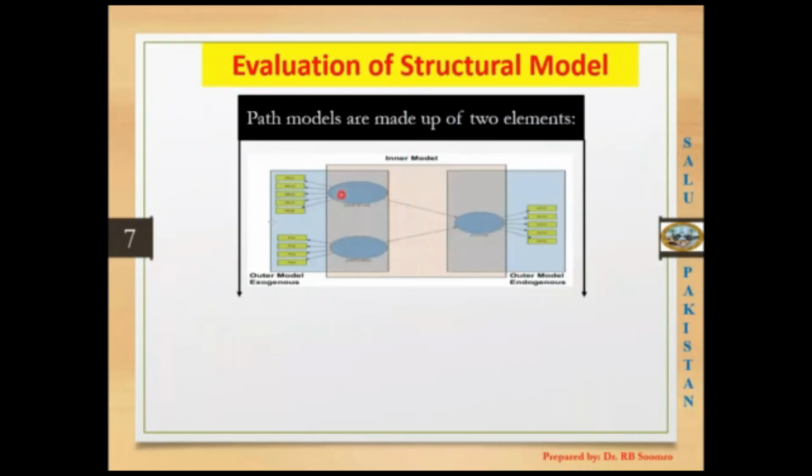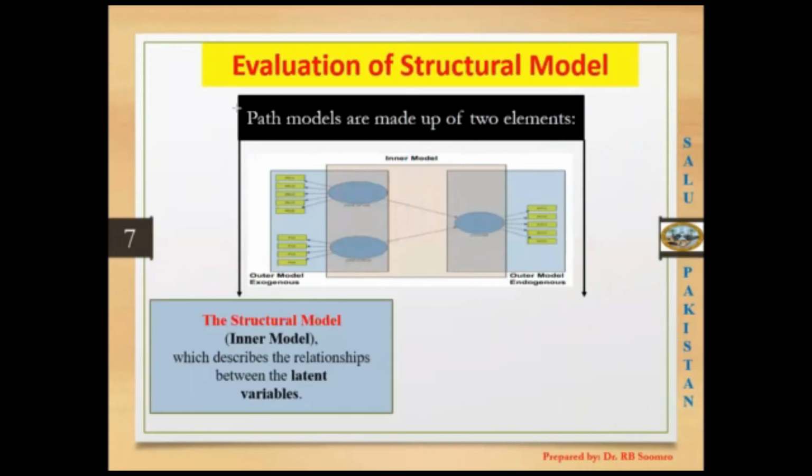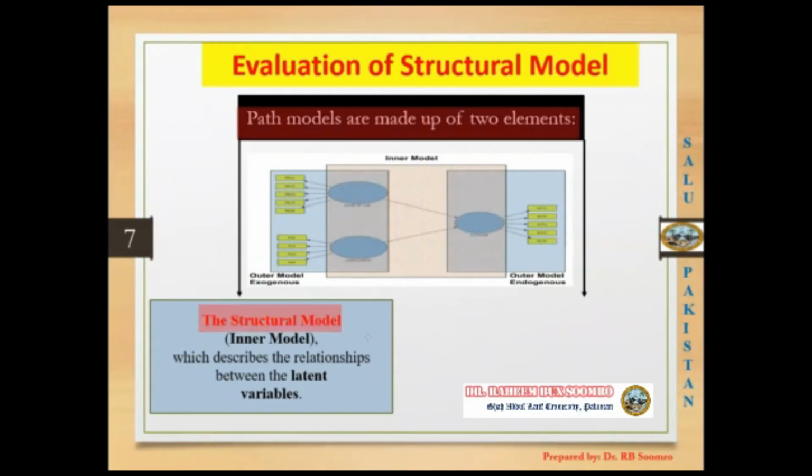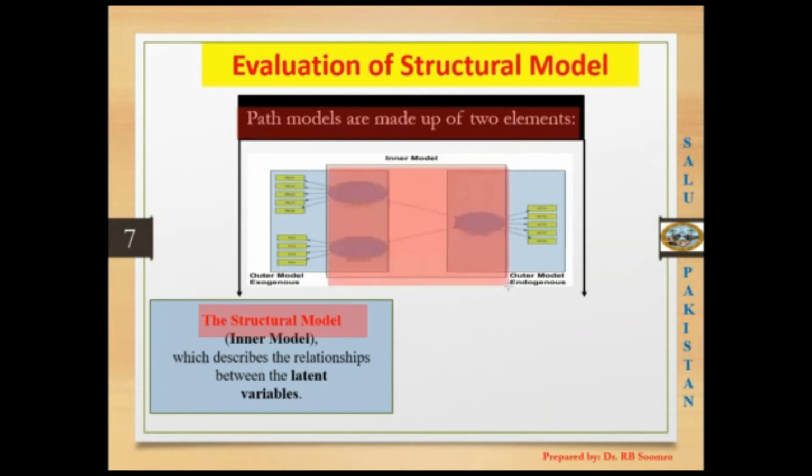As you know, path models are made up of two elements. The structural model, which we are discussing right now and which alternatively we call the inner model, describes the relationship between the latent variables. What is the relationship among these three latent variables? That we can measure with the help of the structural model. And the other is the measurement model.